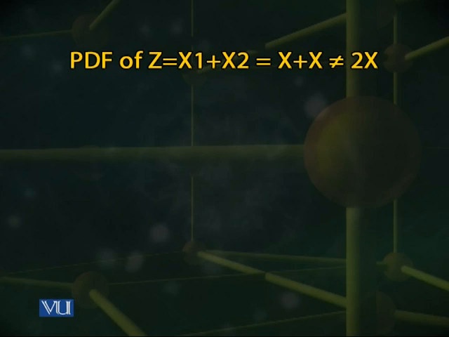But please note, if I say x plus x, do not consider this as an algebraic expression, sum the two x's and say z is equal to 2x, because the transformation z is equal to 2x is different from the transformation z is equal to x1 plus x2, which is simply said x plus x. Take an example.